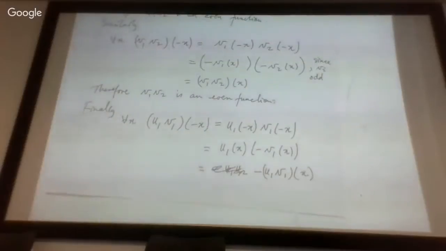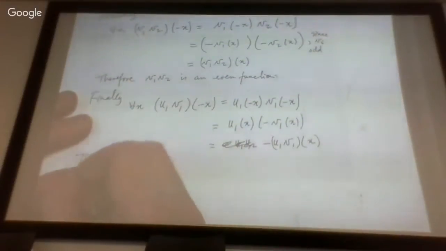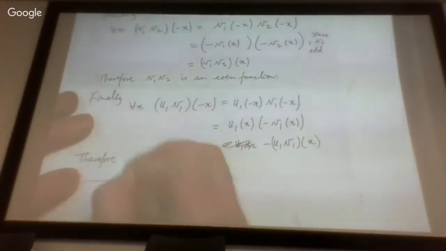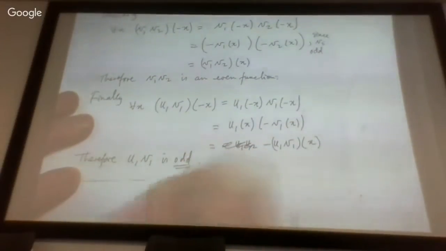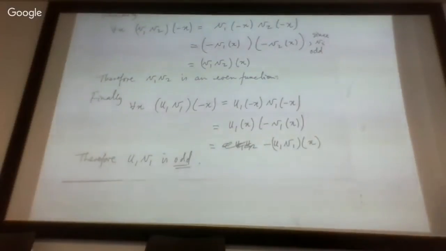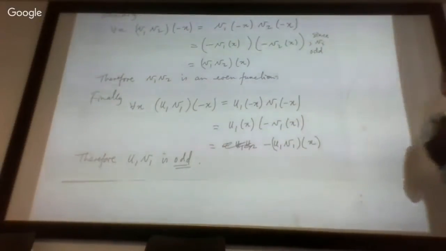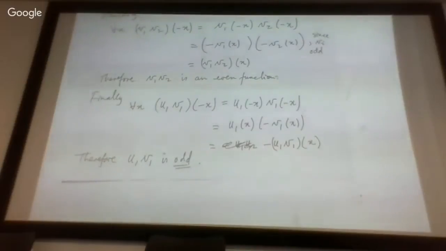So the product function u1 times v1 is odd. Makes sense? It's a nice application of the definition of product of functions, keeping track of your minus signs and applying the definition of odd and even. Is that okay? Any questions about that?